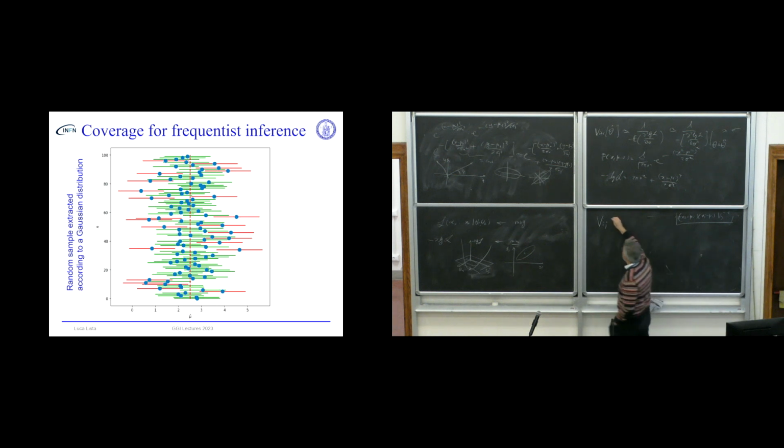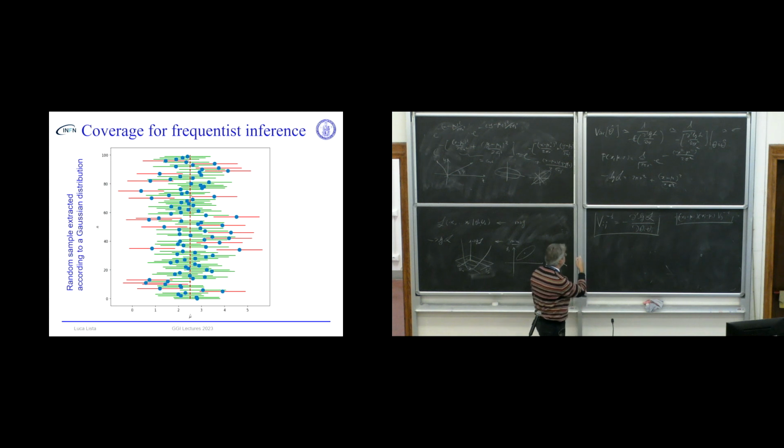This is a generic quadratic term. V to the minus 1, the inverse of the covariance matrix, is minus the second derivative of the logarithm of the likelihood function with respect to theta i, theta j. And this is inspired by the Cramer-Rao bound and is very close to the real uncertainty if n is sufficiently large.